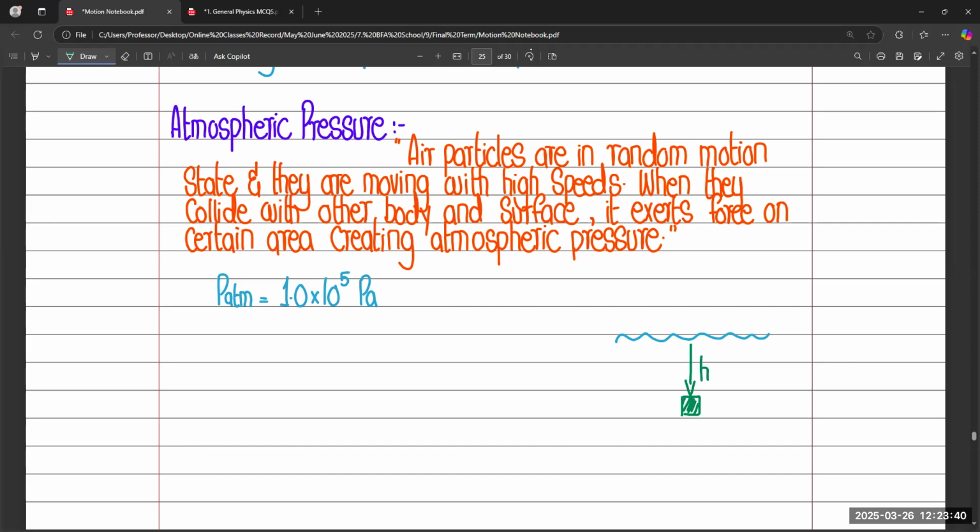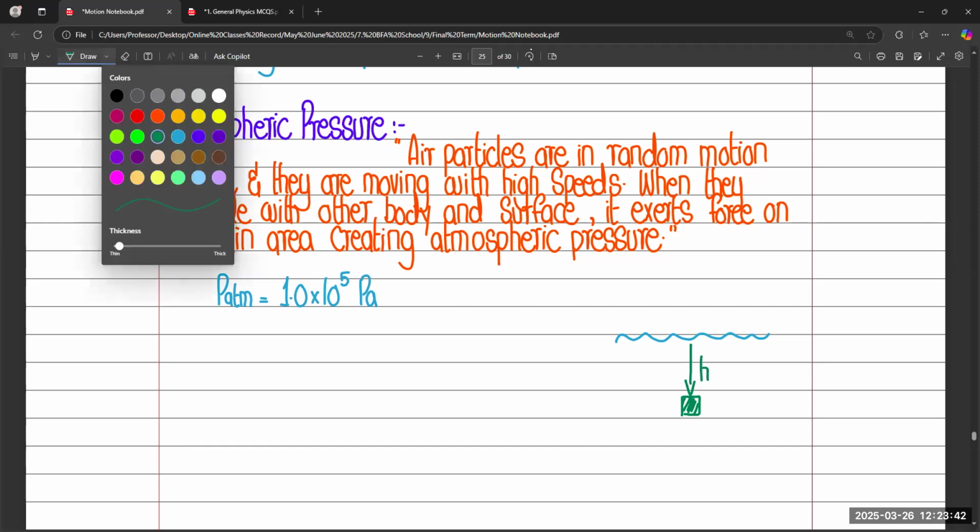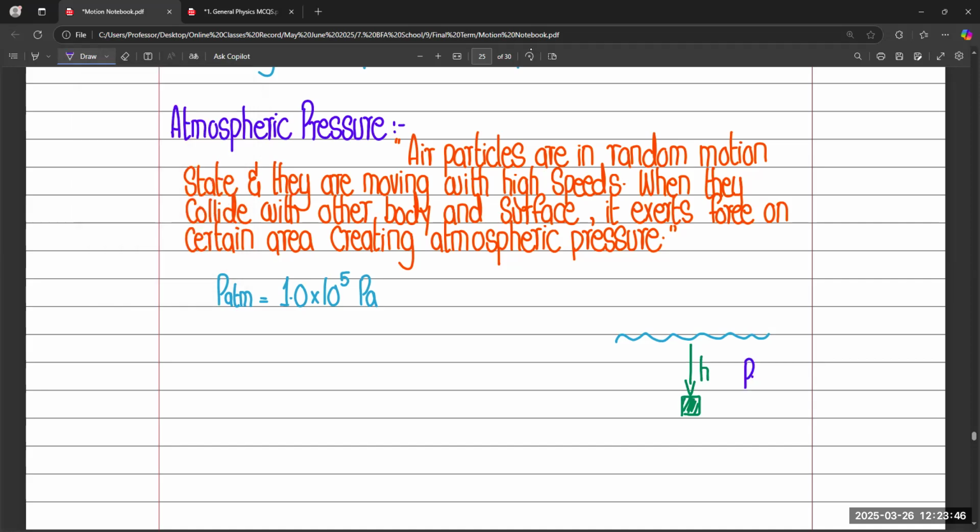In this condition, there are two values of pressure acting on this object. The first one is the pressure of liquid, and the second is the pressure exerted by the atmosphere. Because it is open to the atmosphere, definitely the atmosphere also exerts pressure on the liquid.